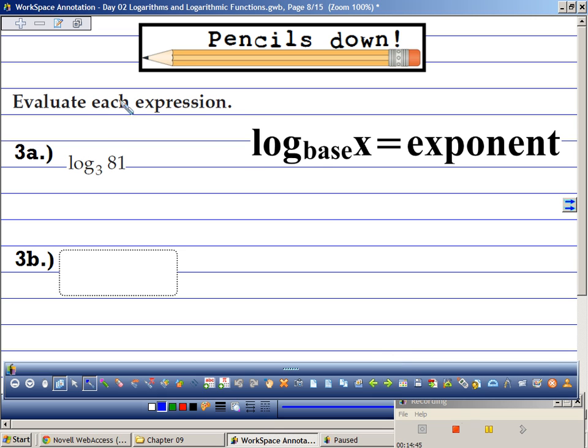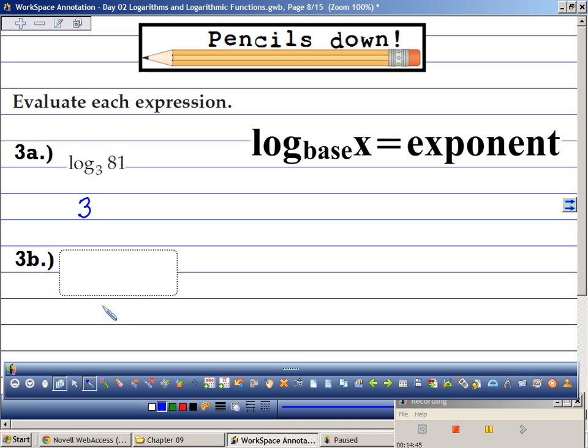All right, so let's evaluate an expression that's in logarithmic form. I'm going to take it from logarithmic form and turn it into exponential form first. I begin with my base, then talk about my exponent. Base, exponent, base, exponent. So what's my base? 3.